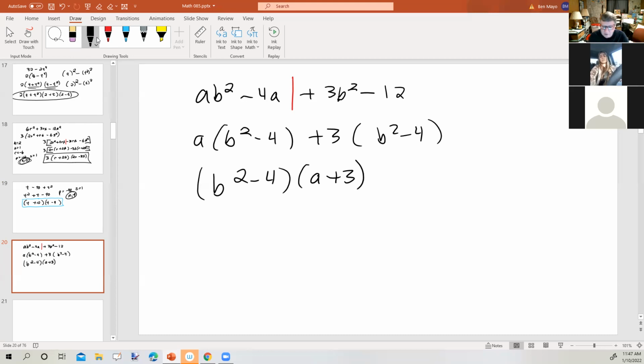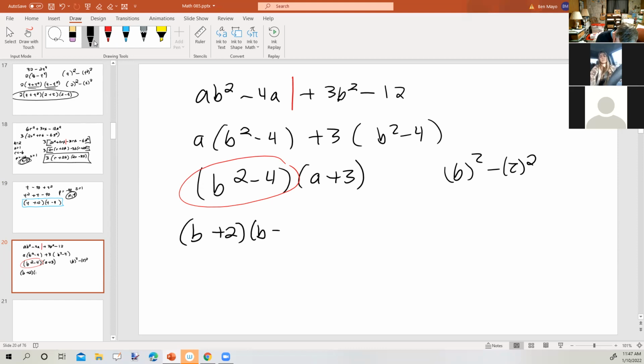Be careful, we aren't through yet because this is also the difference of 2 squares. That is b squared minus 2 squared. So I've got b plus 2 times b minus 2 times a plus 3.